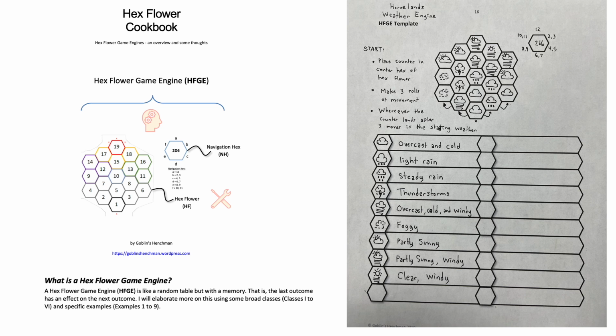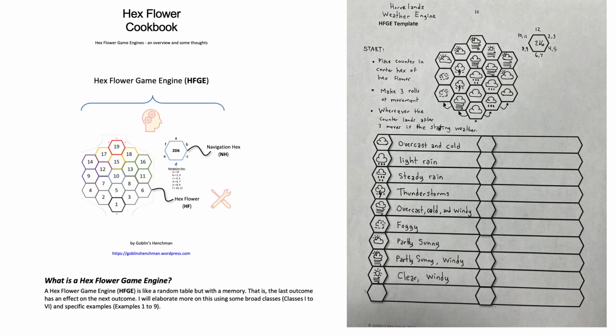All right, the Hexflower game engine. If you search Goblin's Henchman Hexflower, you should easily be able to find his or her, I don't really know, blog on the internet, and from there you can read more about it.